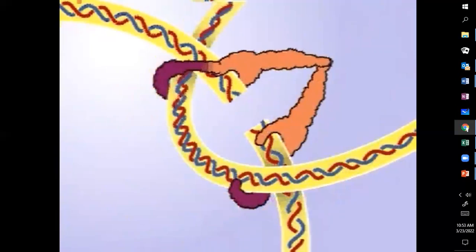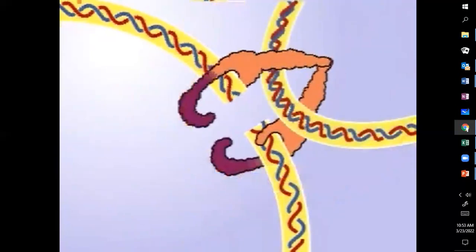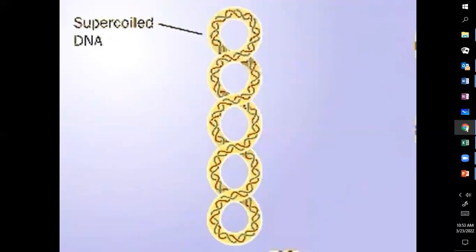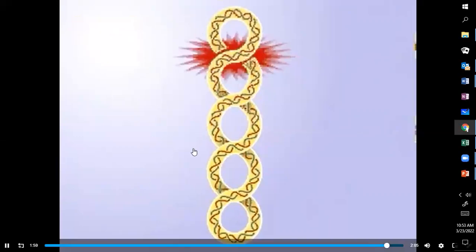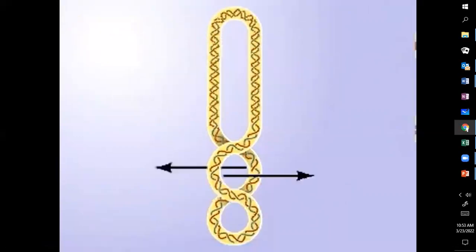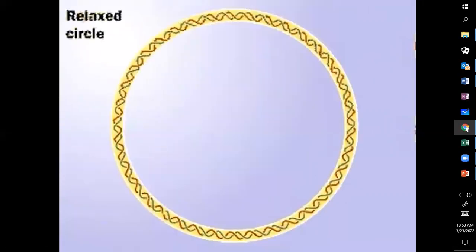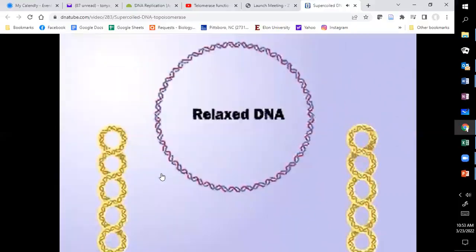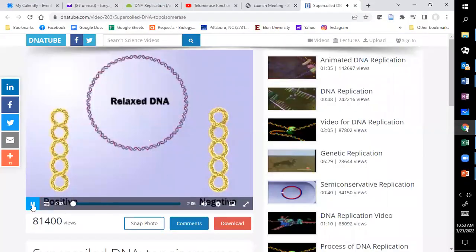Topoisomerase 2 cuts both strands of a double-stranded DNA and passes another double strand through the break and then reseals the break. So if a molecule of DNA is supercoiled, topoisomerase 2 can remove the supercoiling, 2 twists at a time, to yield a relaxed circle.